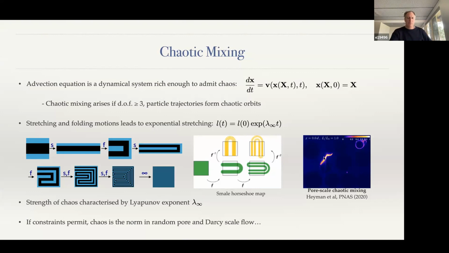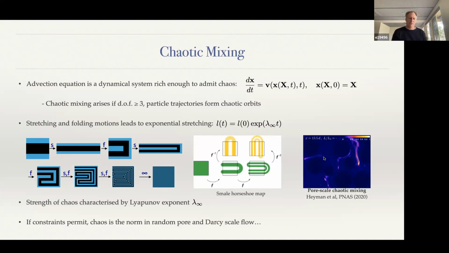And we can see an example from the earlier experiments here of the stretching and folding of a dye filament as it moves through a 3-dimensional bead pack, and you can see the characteristic stretching and folding of that filament. And when you analyze that, you indeed find that that's growing exponentially with time.